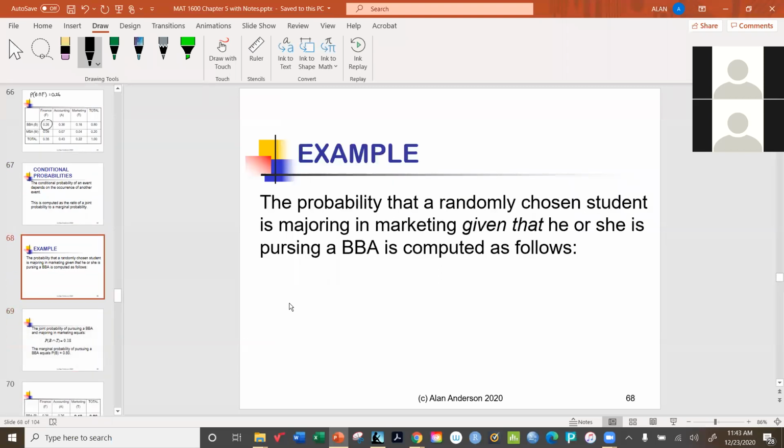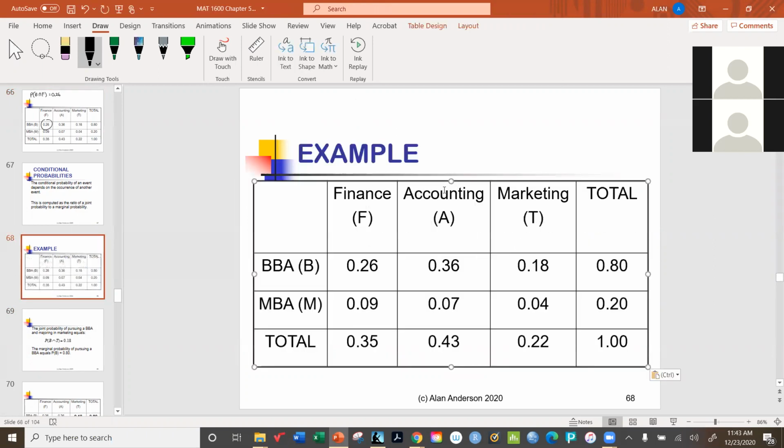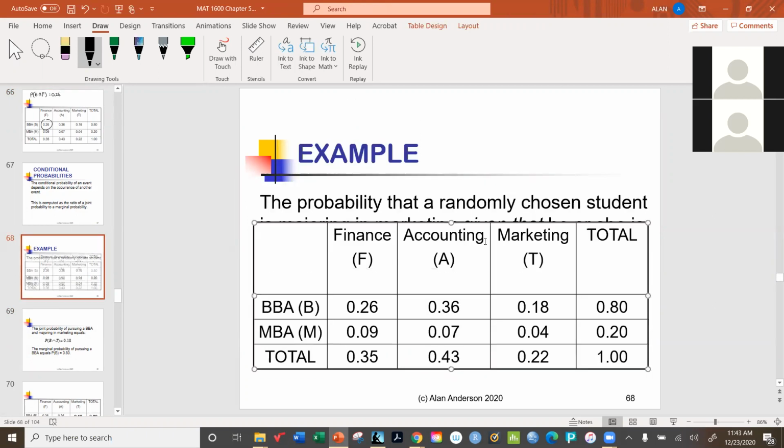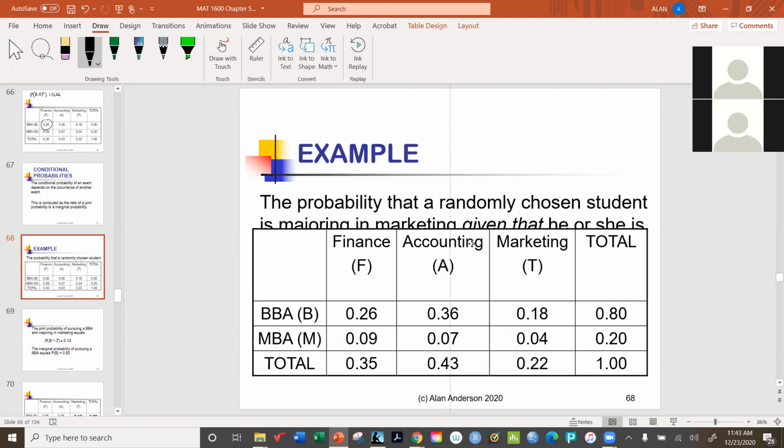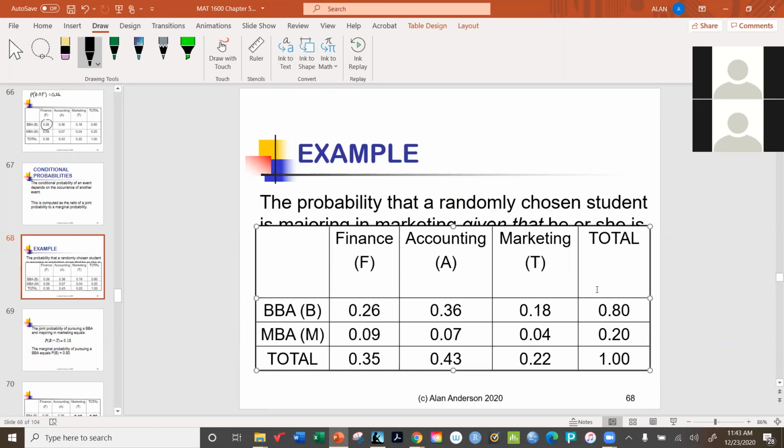So what we're going to do is get this chart so we can remind ourselves how this works.